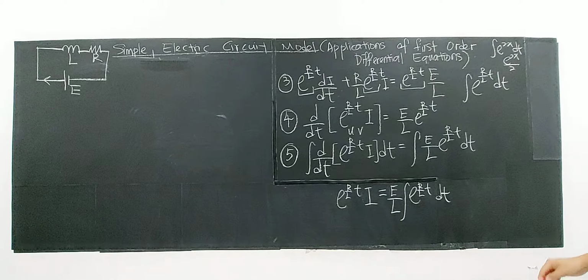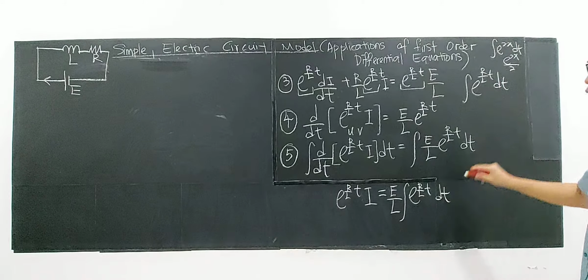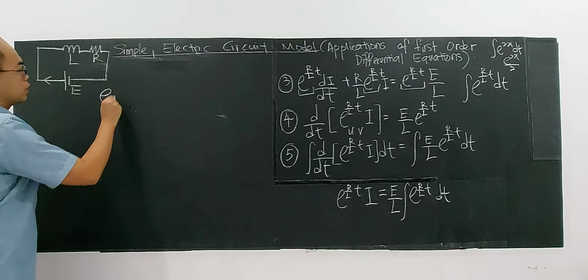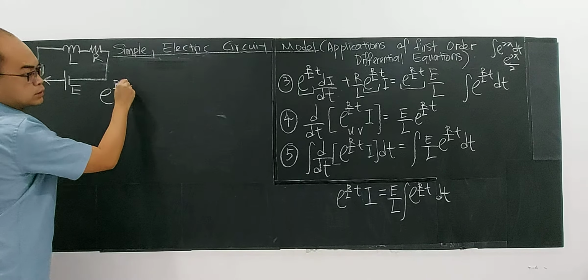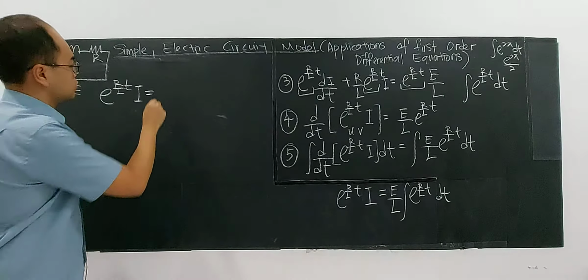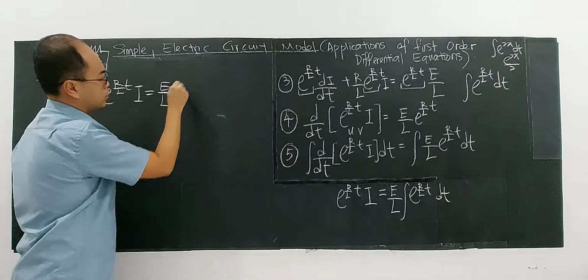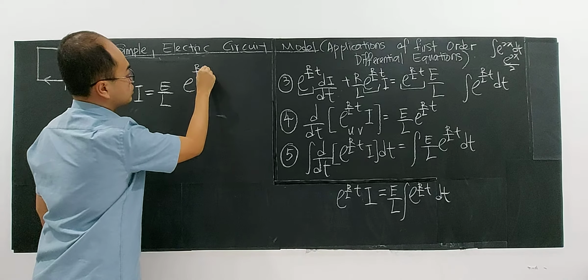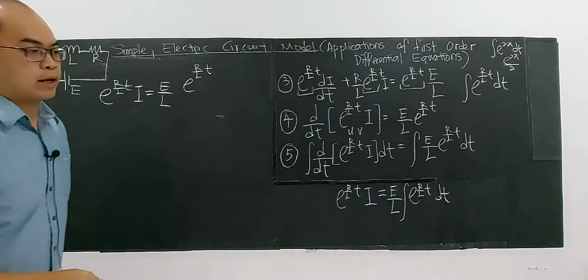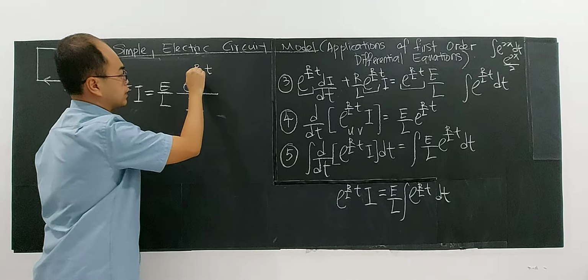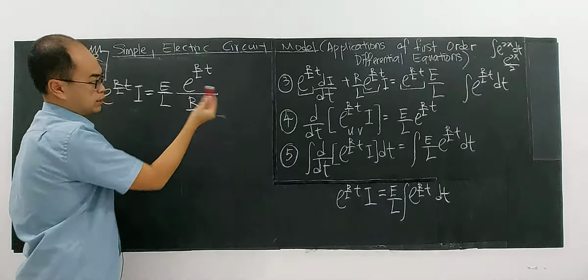So for this, let's look at it here: we have e^(R/L t). This is a very good derivation. So E/L and e^(R/L t), R/L t divided by R/L, just like e^(2x) over 2.